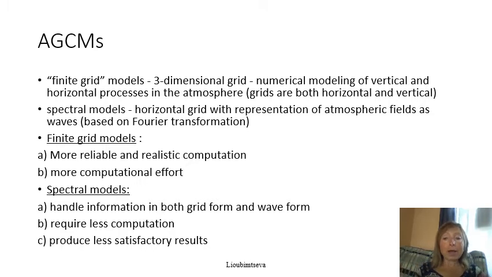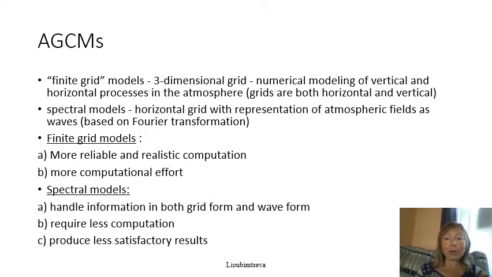In the past, another approach was used for computing the climate system, the so-called spectral models. Spectral models combine the horizontal grid with the representation of atmospheric fields as waves using the Fourier transformation, so that they represent different atmospheric parameters, say temperature or cloud cover, as waves.